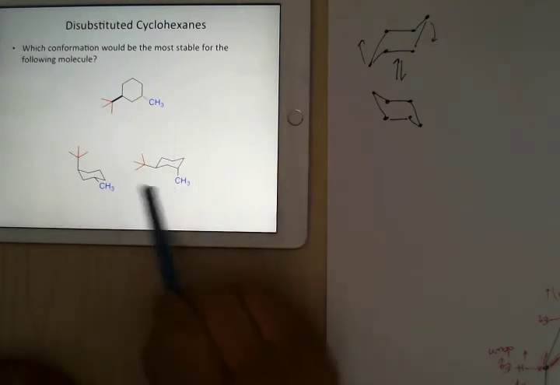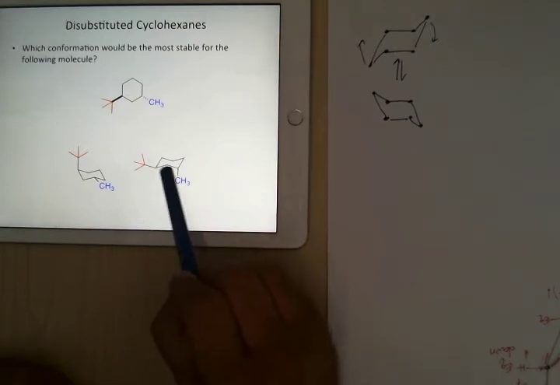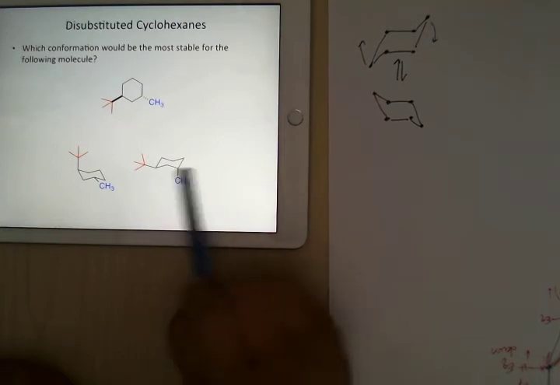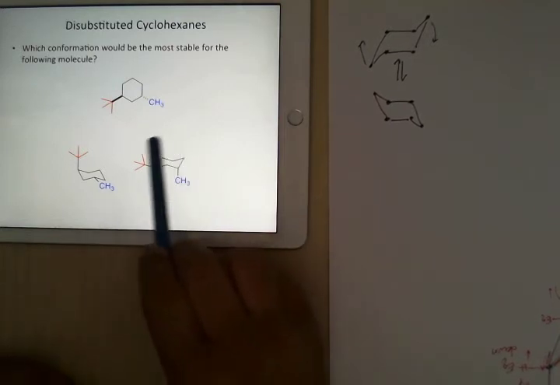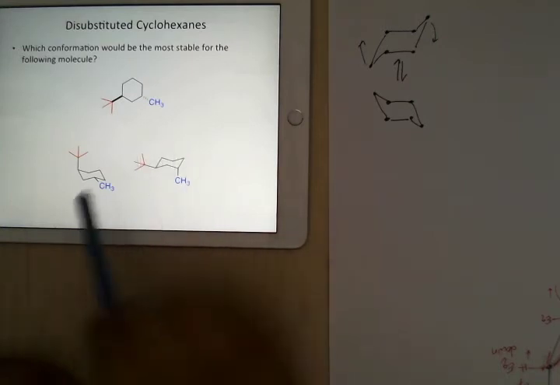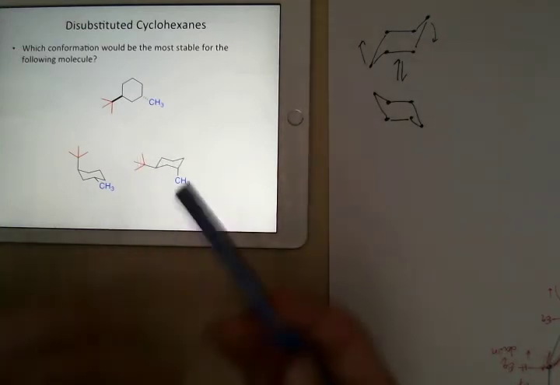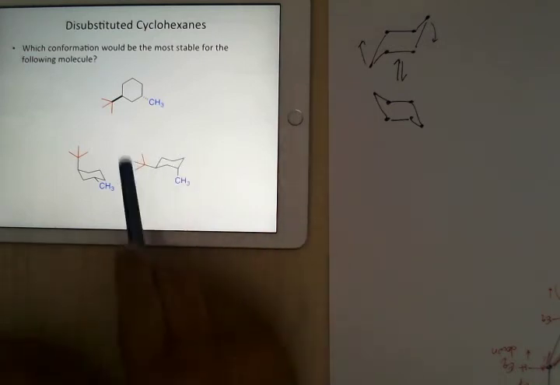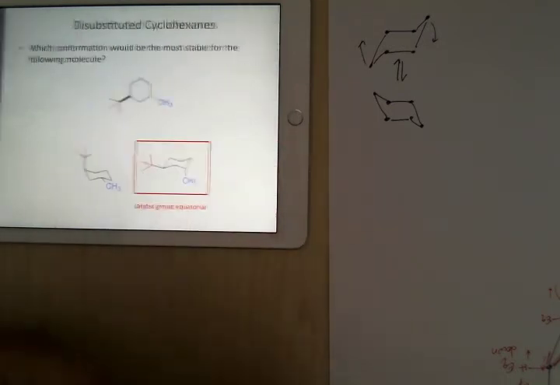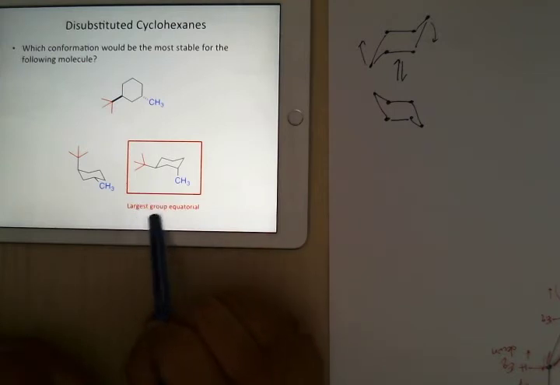The other version we can have is this one here, where this is equatorial, because there's an axial hydrogen down, since the two carbon-carbon bonds are pointed down. Look at that, and this one is axial. But we can't get them both equatorial. That would be the ideal case, but one of them is axial, and so this one here is the one that has the fewer interactions. The largest group is equatorial, so that's where it's going to want to be.